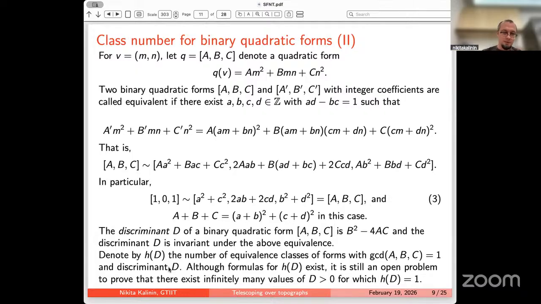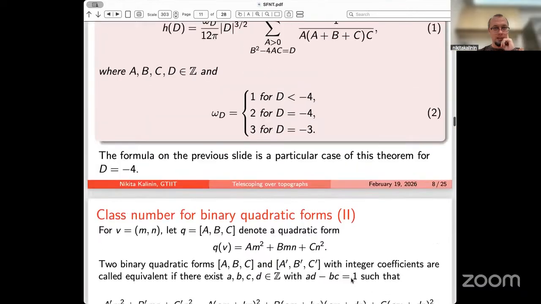And formulas for h of d exist, but for example, if d is bigger than 0, it's still an open problem whether we have an infinite number of d with class number 1 or not. I think it's believed that we have an infinite number of them, but it's not known yet.